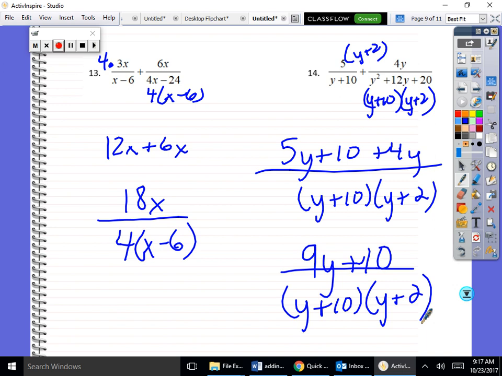Awesome. Okay. Please be so kind as to take out a clean sheet of paper for your 5 homework problems.